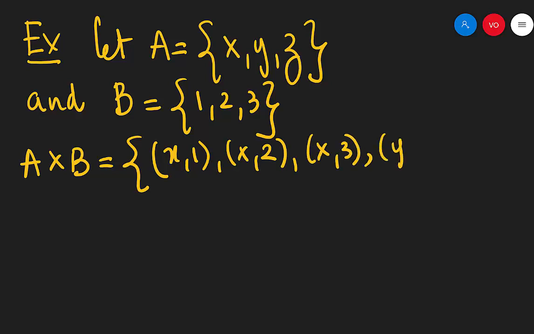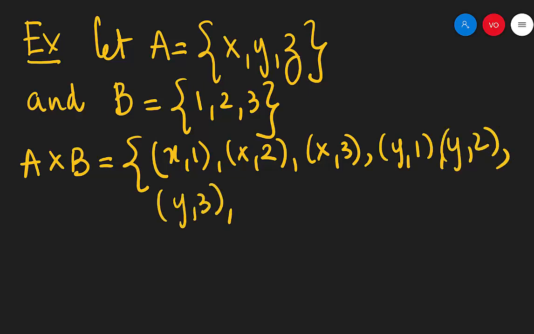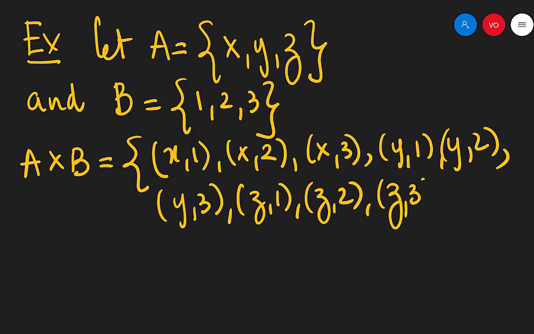We can also have y1, y2, y3, and we can have z1, z2, and z3. That's A cross B. That's a Cartesian product.